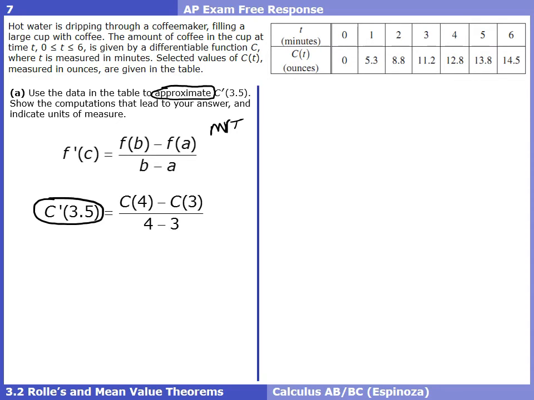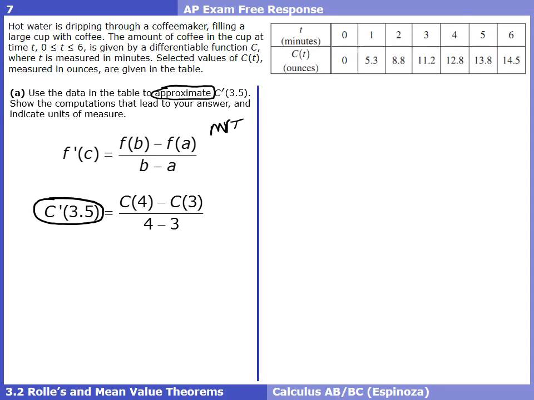So what points are we going to use to approximate this derivative, which is supposed to be at 3.5? Well, in the table, we don't have 3.5. That's okay. Remember, if we use the mean value theorem, we can use a secant line because in between we know there's a point that has the same slope for the derivative.